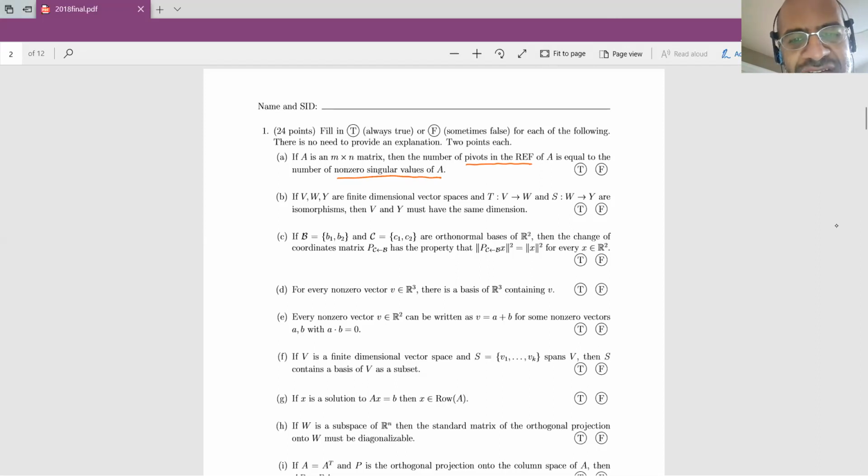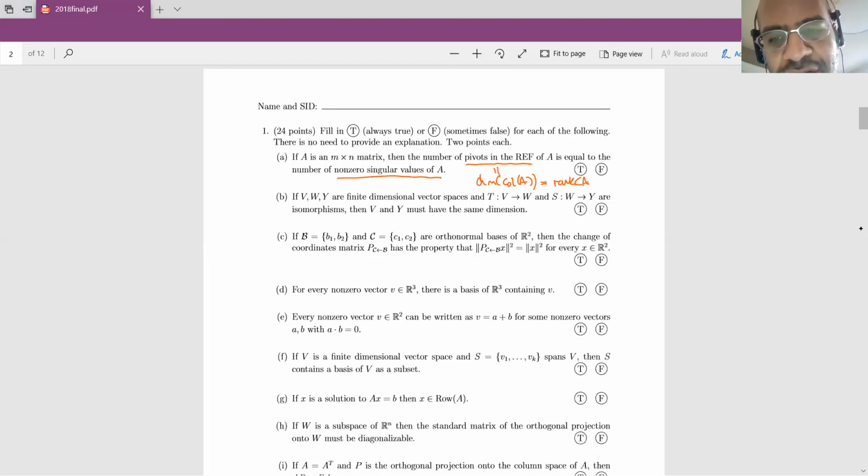What does the number of pivots in the row echelon form mean? That's the dimension of the column space. Yep, dimension of the column space. And that has a name. What's that called? Rank. It's called the rank.